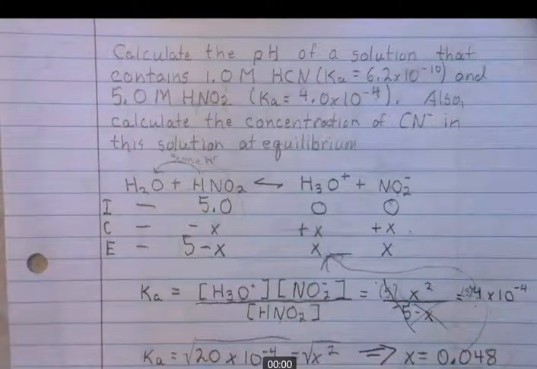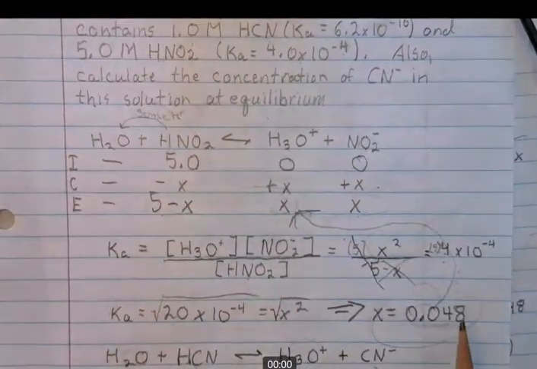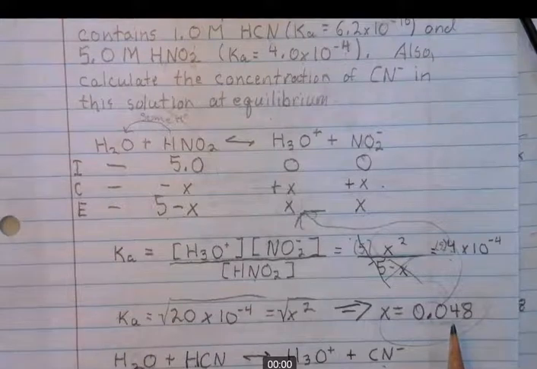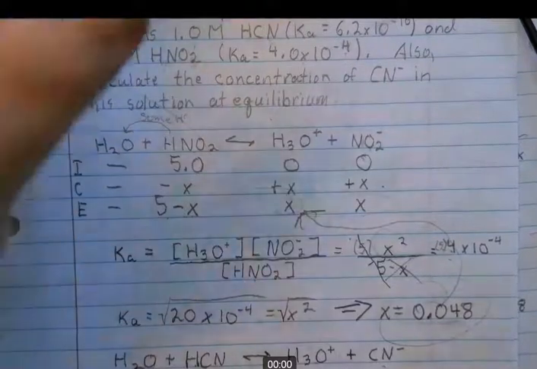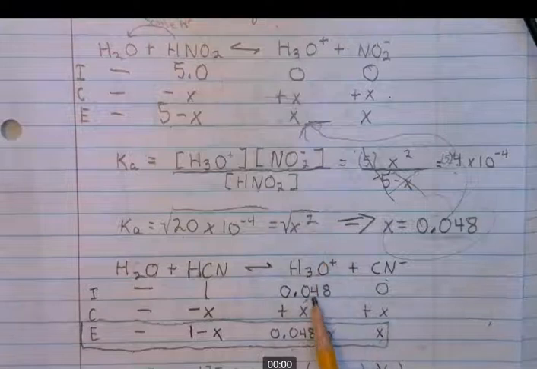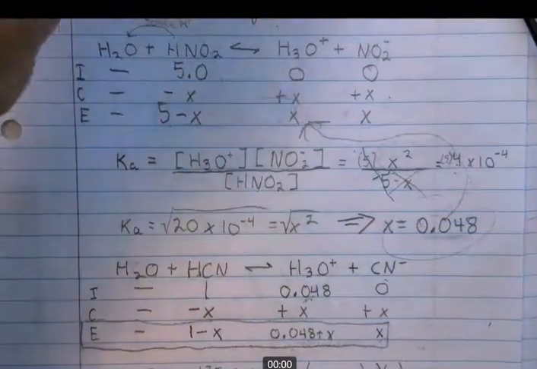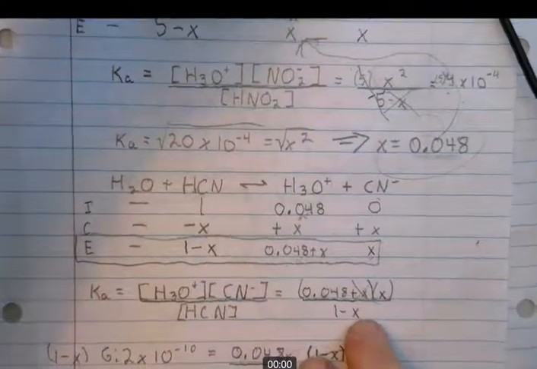Okay, so with that, we figured out the hydronium concentration, which was 0.048 of the stronger of the 2 acids. Now with that as the initial concentration for the next reaction, so that's not a 0 in the second reaction that we're going to compute, the one for the much weaker acid, that's going to be our initial concentration of H3O. So we do the same series of steps, and you'll find out these steps are the same all the time.